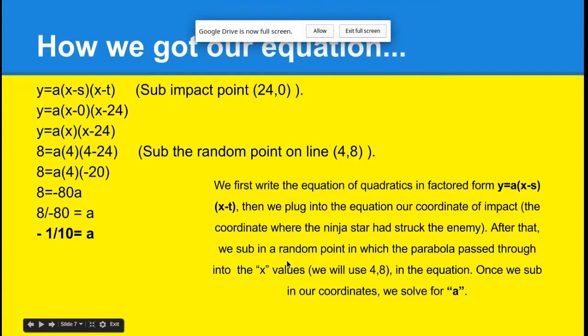After that, we sub in a random point which the parabola passes through into the x and y values. We will use (4, 8) in the equation. Once we sub in our coordinates, we'll solve for a. Now you guys can see here, we are solving the equation throughout, and we ended up with negative 1/10 is equal to a, which is our a value.